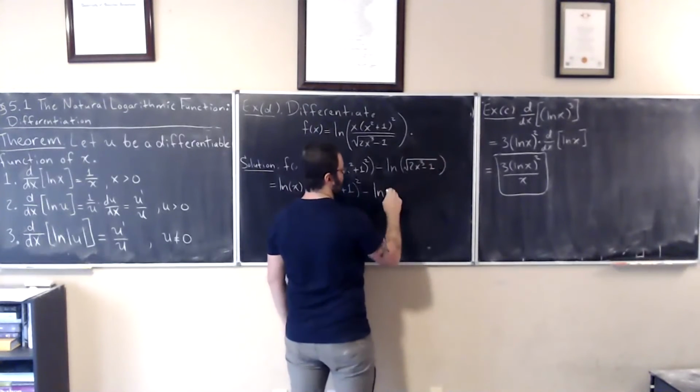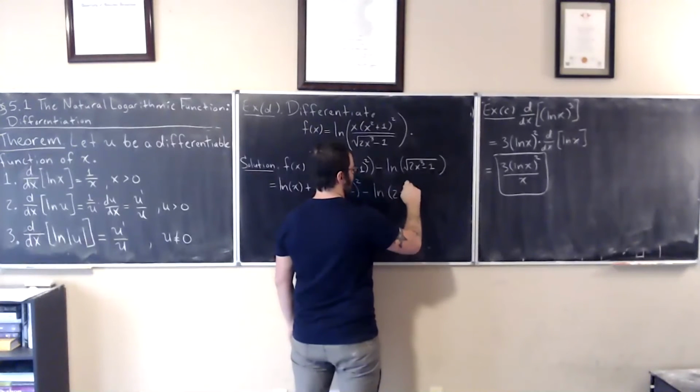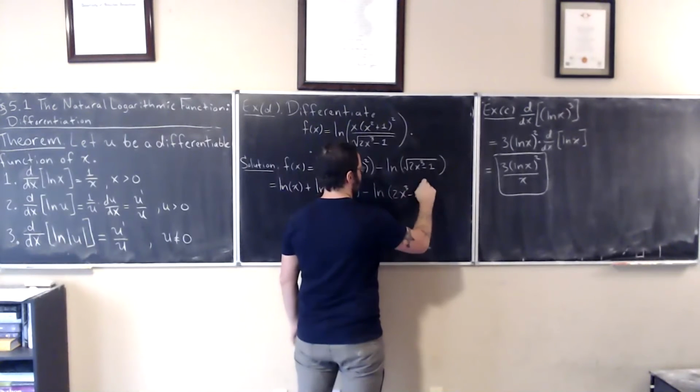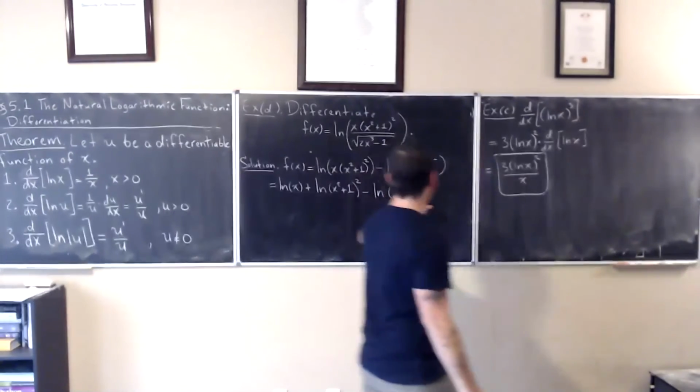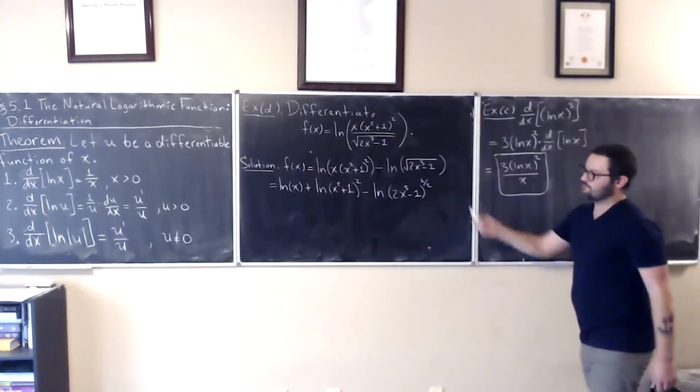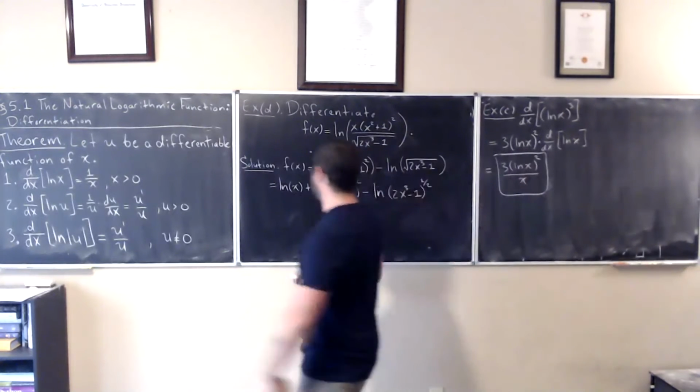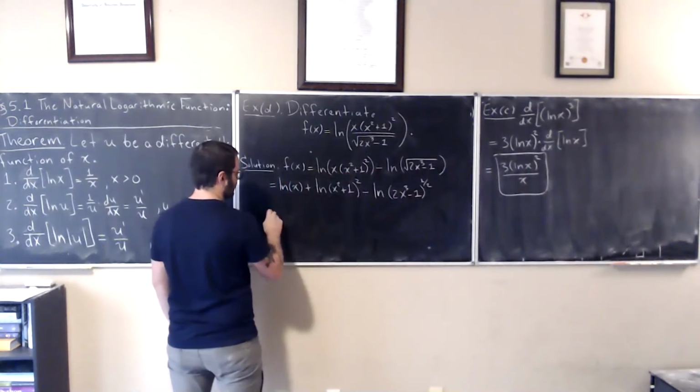And I know that this is a 1/2, so I can rewrite that as the power. Like that. So then I can apply that exponent rule for natural logs and bring the exponents in front as a multiplying constant.